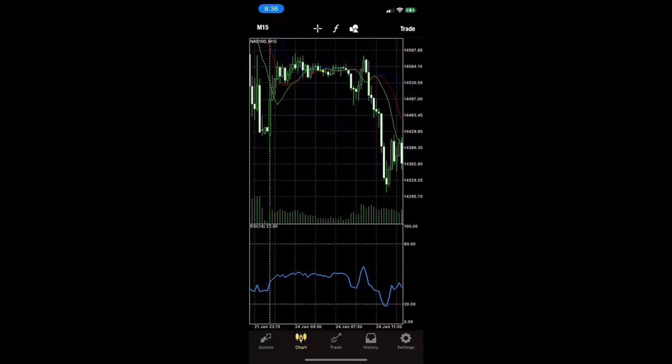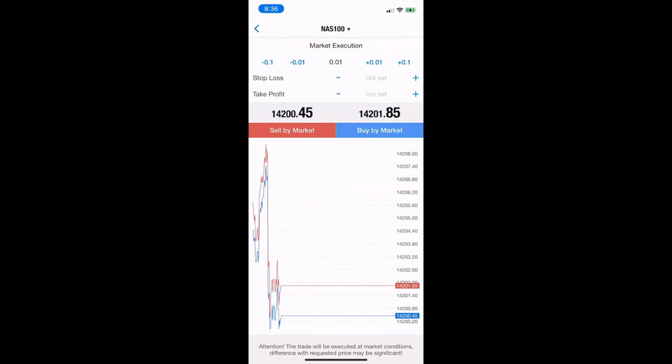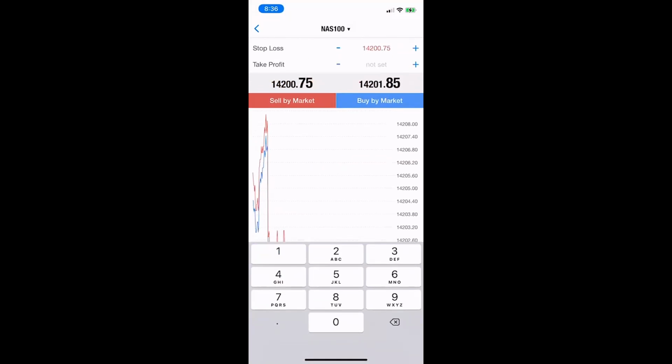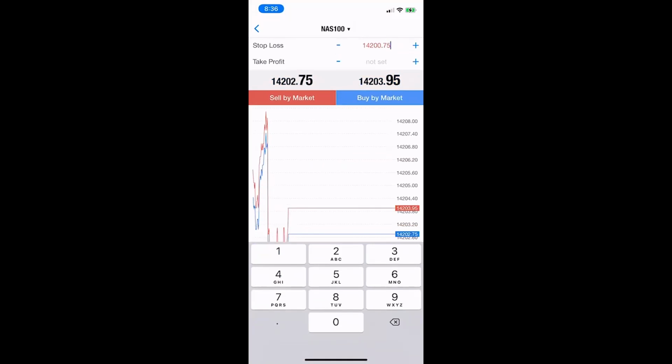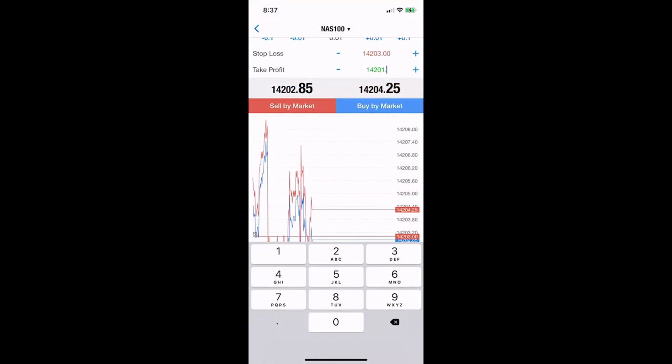Then I'm going to select NAS, and this is going to be market execution. So then the stop loss is going to be 14203.0. Take profit is going to be 14548.5. And then I'm just going to leave it in there.